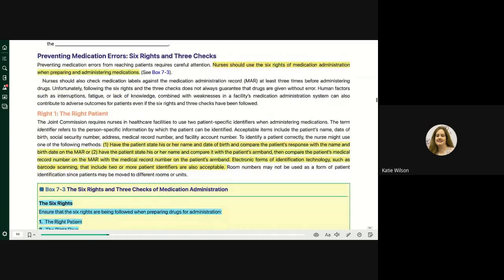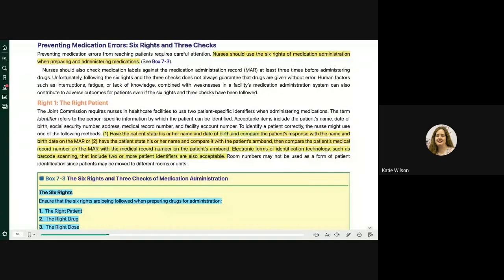So preventing medication errors, how are we going to do that? The 6 rights of medication administration and 3 checks that we do in addition to that. So nurses should use the 6 rights of medication administration when preparing and administering medications. You're also going to check the medication labels against the medication administration record, which we'll talk about in a little bit, at least 3 times before we administer the medicine.